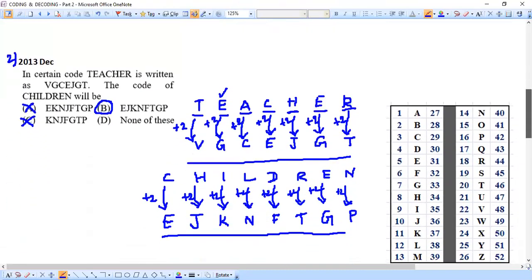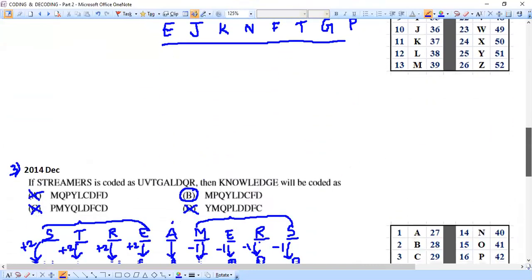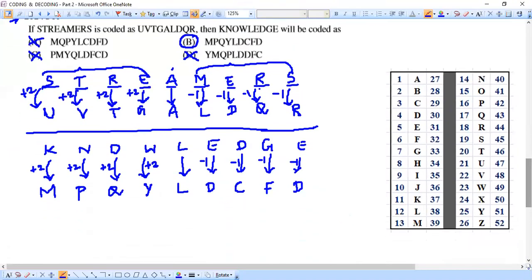Is it or not? And remember, I'm just showing you the complete answer for practice. But in exam, please do not do the whole problem. Once you see that you are reaching your answer, you can quickly move to that option and finish your problem.